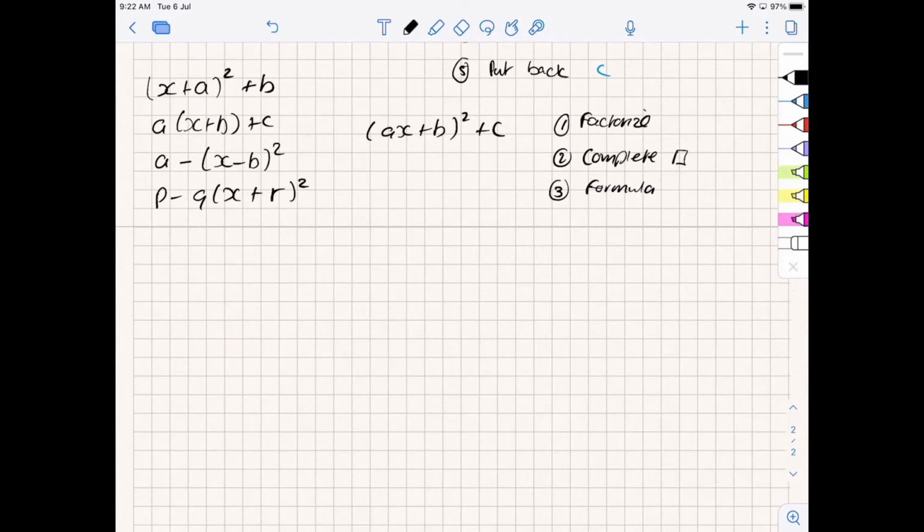Okay, let's have a look at one from exercise 1b. This is just going to be in the form x plus a squared plus b. In other words, I'm not going to have a coefficient in front of x. So that's nice. Okay, so here we go. Let's go x squared minus 4x minus 8.